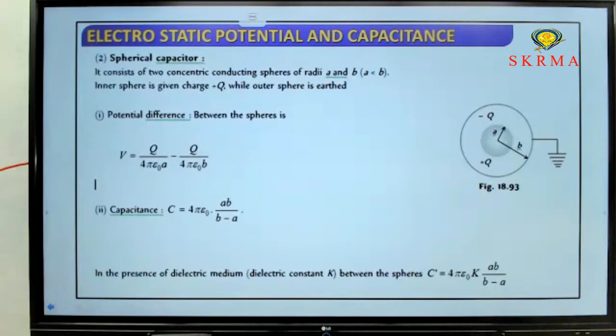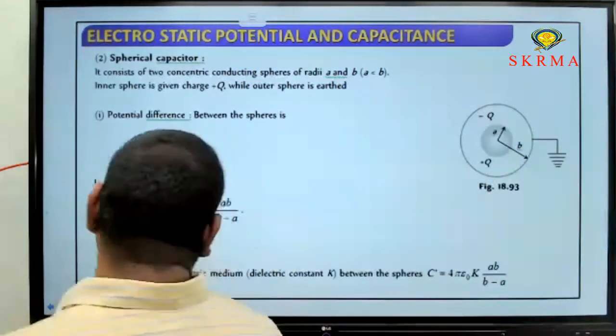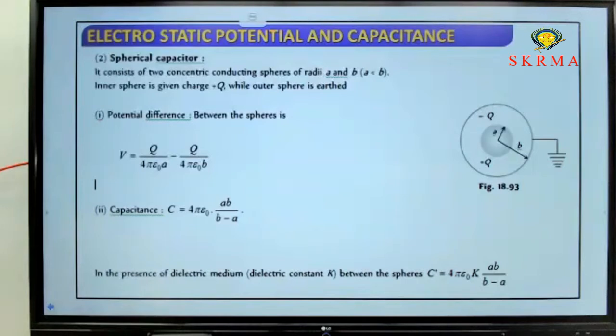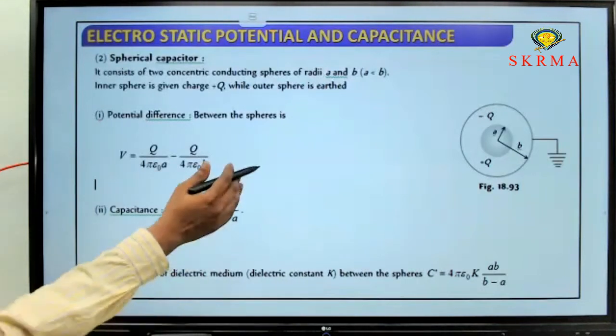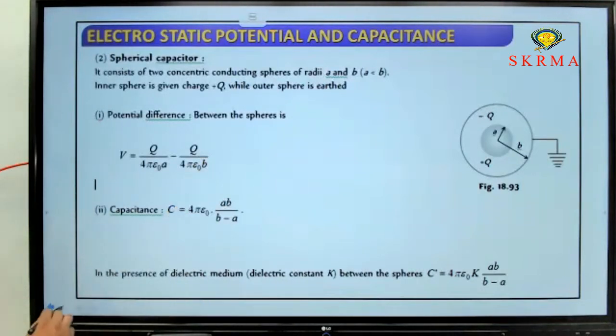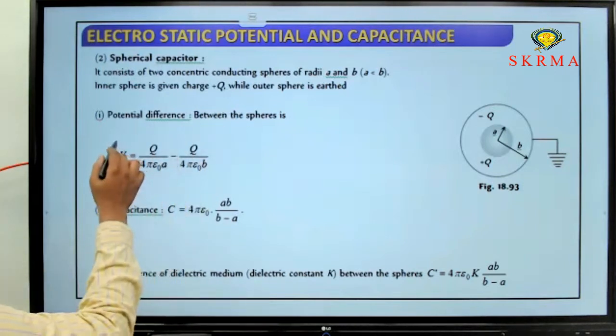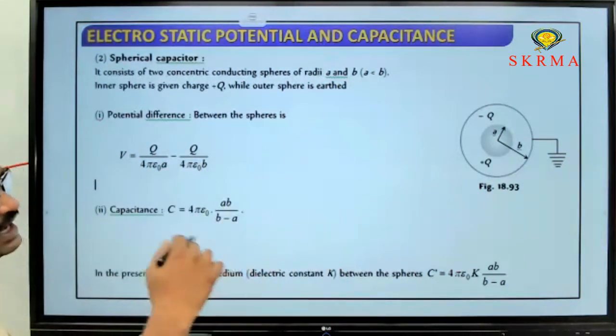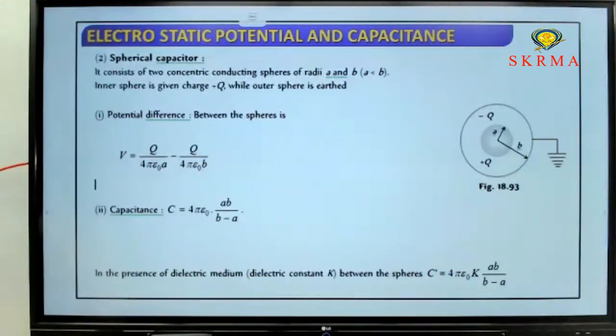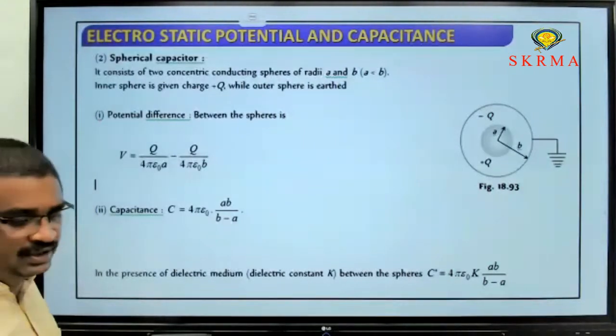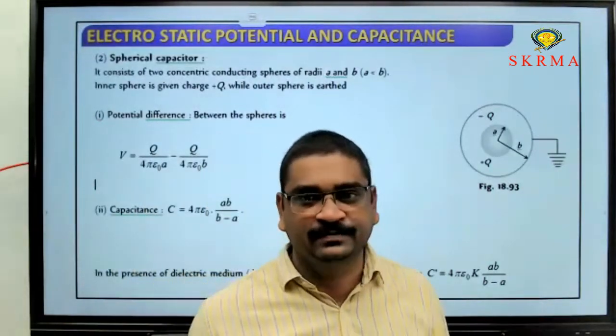Now, to calculate capacitance, what is the basic procedure? First we need to calculate the potential. The potential can be written as outside minus inside, or inside minus outside. For which one is the potential more, the inside sphere or the outside sphere?